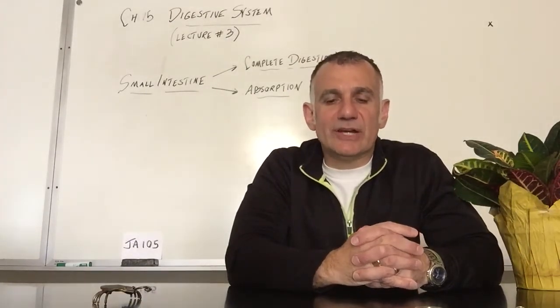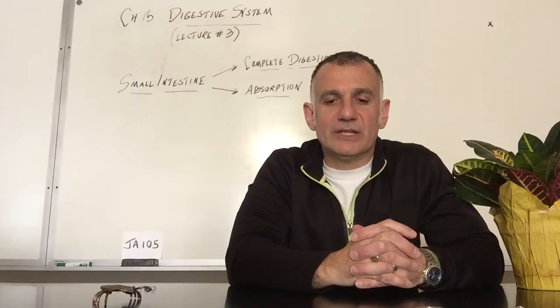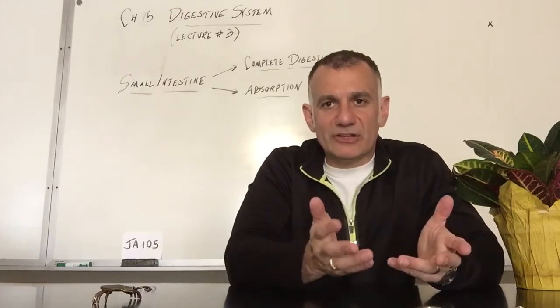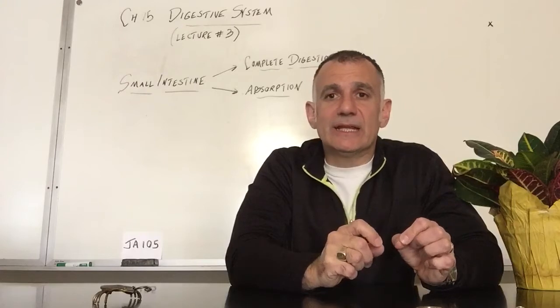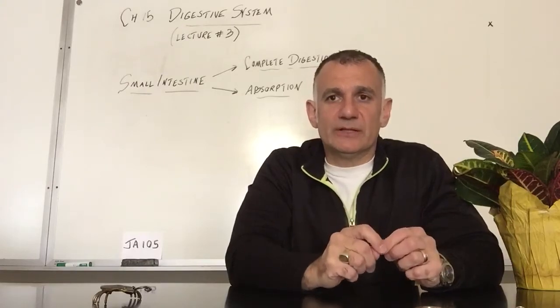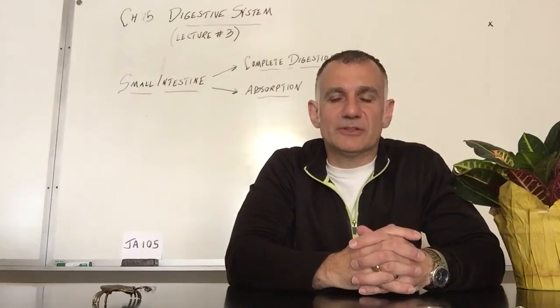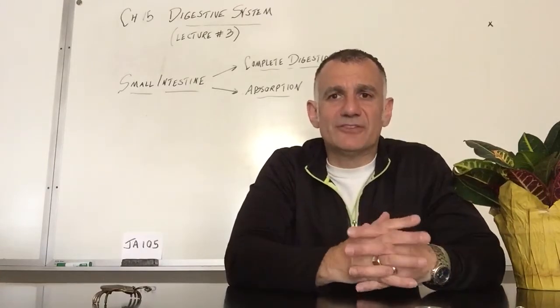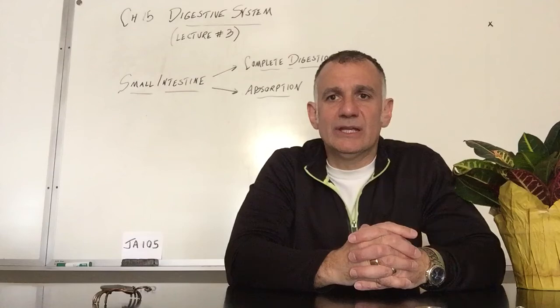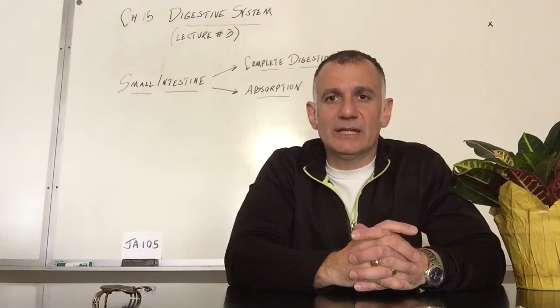As the digested food from the stomach passes into the duodenum, digestion now needs to be completed. It has to be broken down even further to a point where it can be absorbed through the walls of the next region of the small intestine. So enzymes are going to come in from the pancreas. You have some amylase coming in.